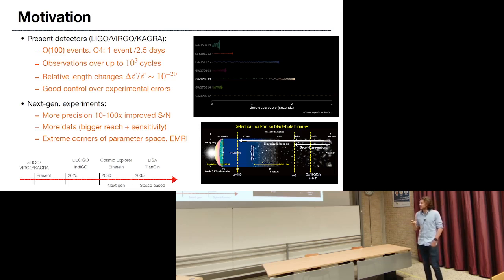These will have a factor of 10 to 100 improvement in signal-to-noise ratio. In particular, this will also involve a far bigger reach and greater sensitivity, and therefore more data. And we will also be able to see extreme corners in phase space, in particular with space-based missions such as LISA around 2035.